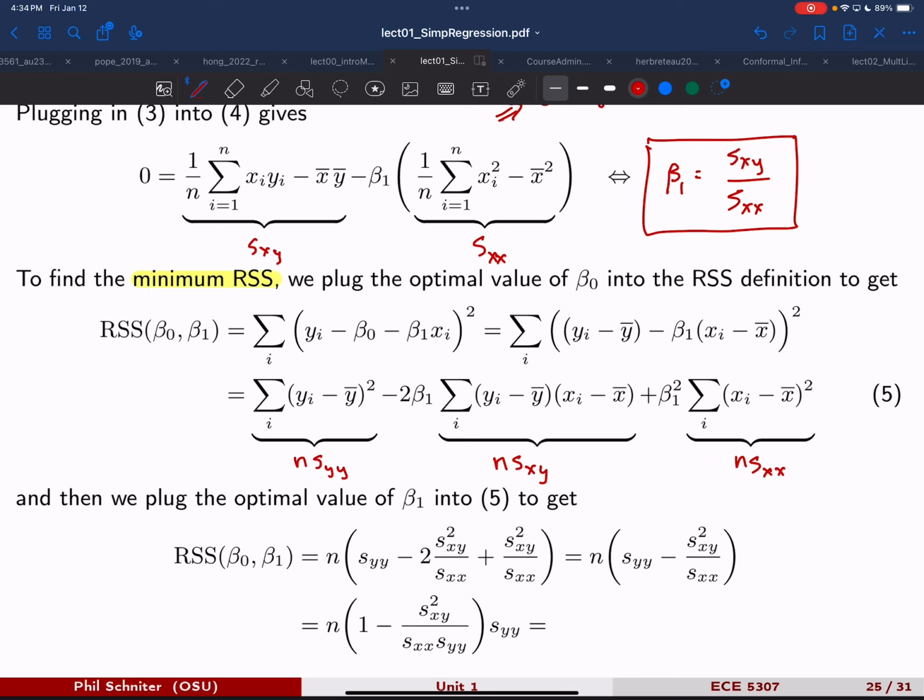So the last thing is to plug this in for beta 1, and you can see what happens there. You're going to get this thing multiplying this, so you're going to have an SXY. By the way, SXY and SYX are symmetric.